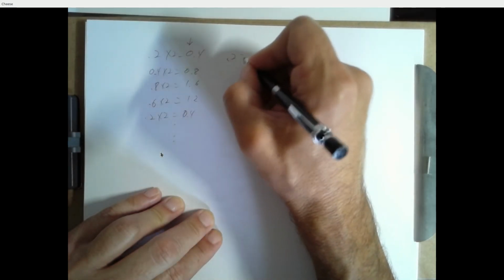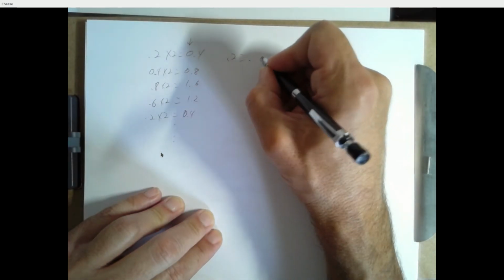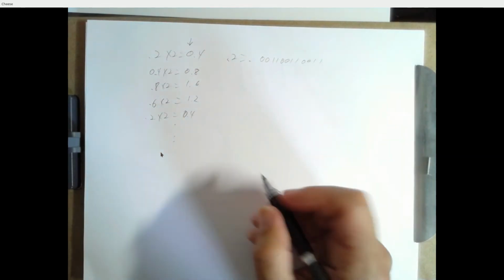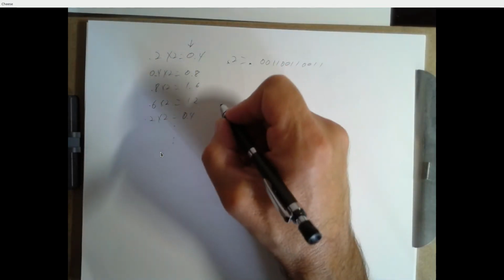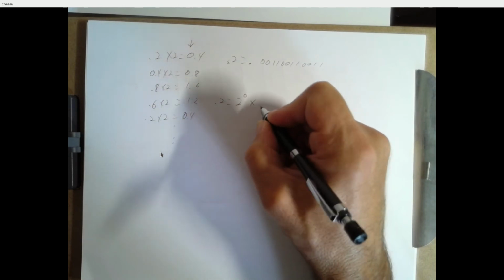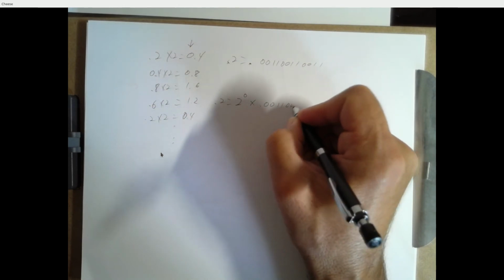So 0.2 equals 0.001100110011, right? So 0.2 equals 2 to the 0 times 0.00110011.